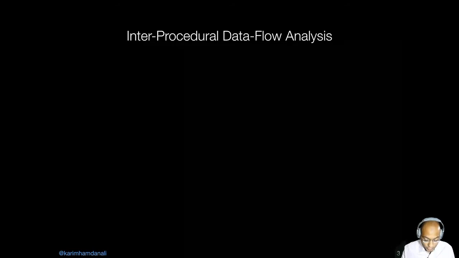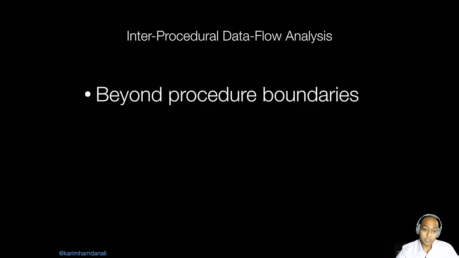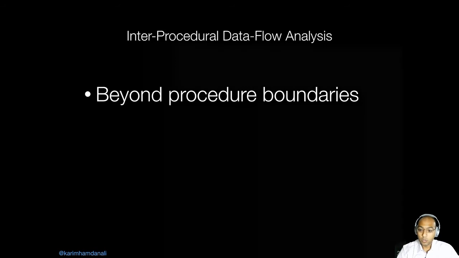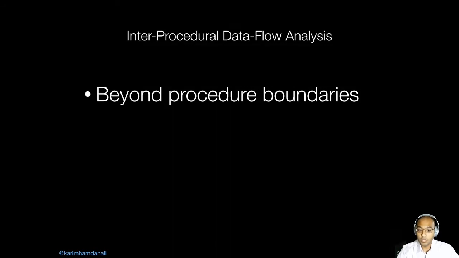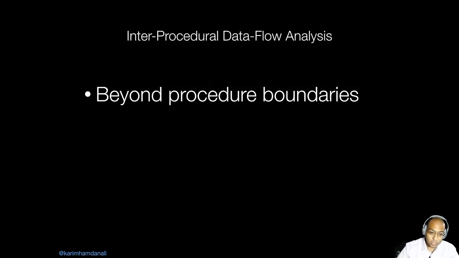So now we are going to combine the analyses that we have, the intra-procedural algorithms that we discussed towards the beginning of our course, on top of the call graph analyses and the call graph construction algorithms that we discussed last week, such that we can have an analysis that crosses method boundaries. So we're going beyond method boundaries now.